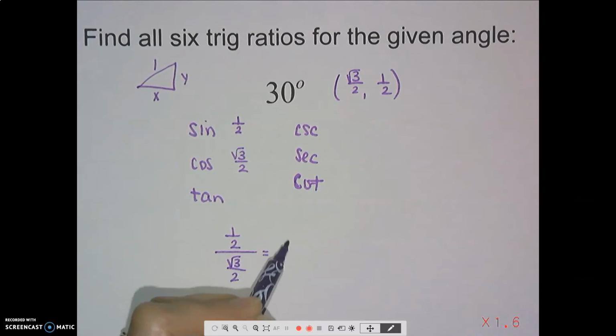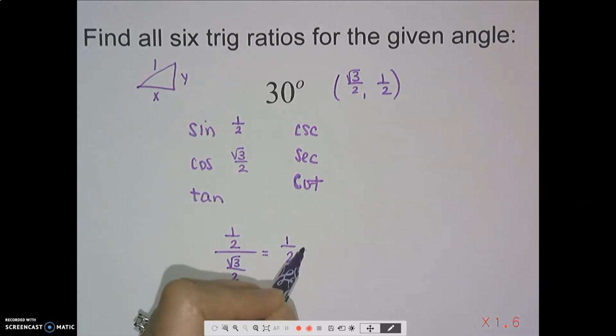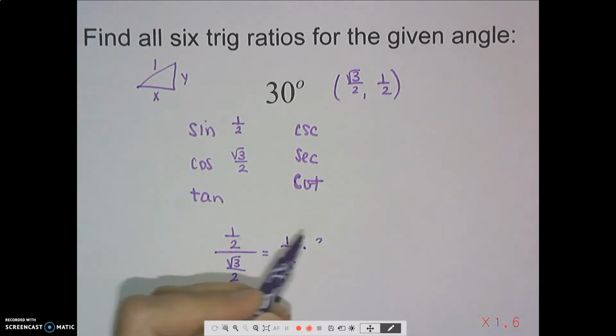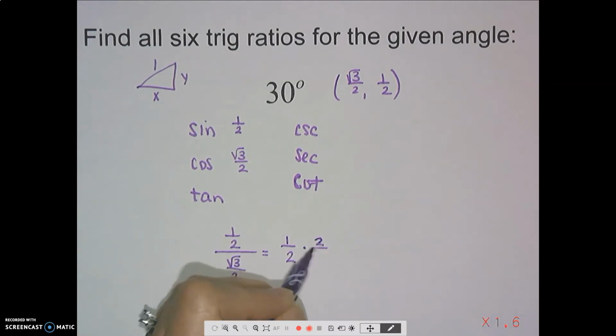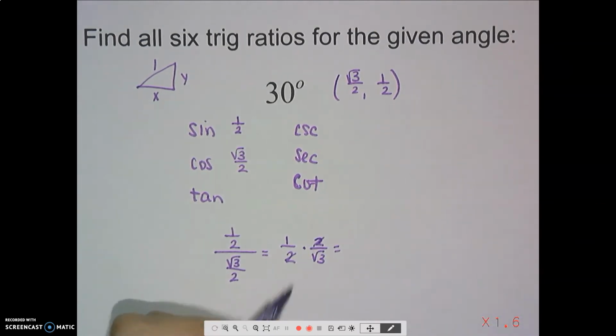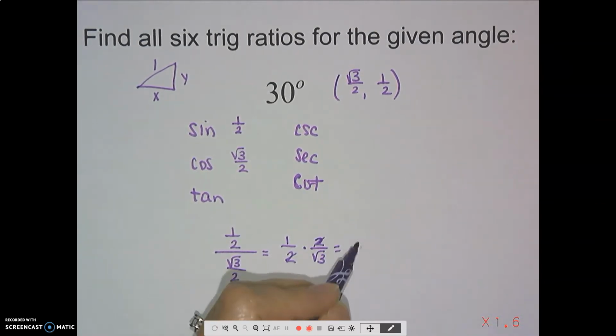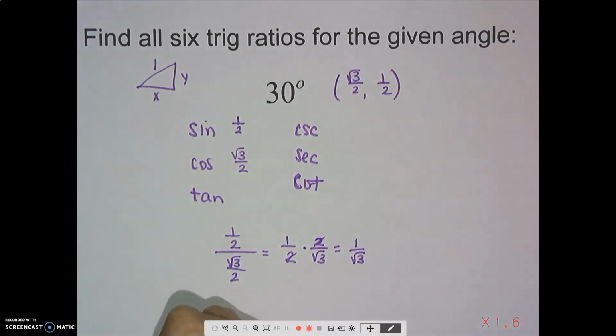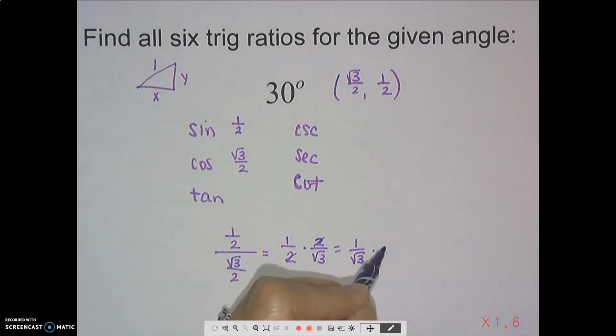Now, we've done work like this before. When you're dividing fractions, you're going to take the second one, and we flip it, and then we multiply. So the 2's go away because 2 divided by 2 is 1. So we're left with 1 over radical 3. Are we allowed to have that as an answer? So nope, we got to rationalize.